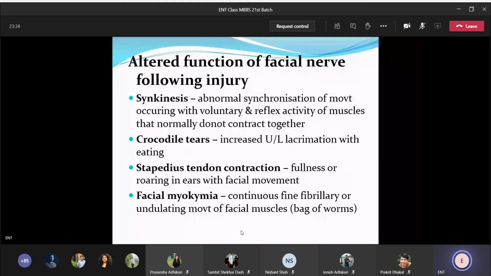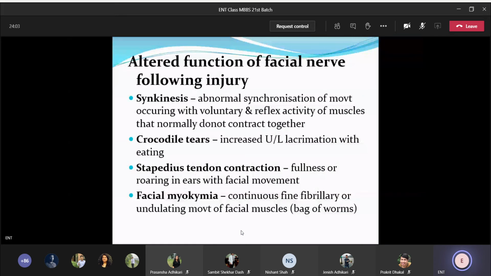If there is a faulty connection between the facial nerve and the nerve ending and the muscle, then the stapedius tendon is also contracted. So if there is a contraction of the stapedius muscle, it causes a roaring sound in the ear due to the facial movement.